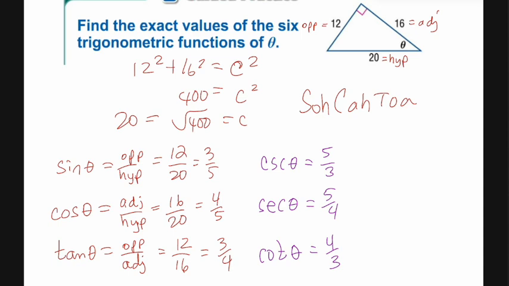So why not reduce that? Use the one that is most convenient to flip over that gives you the less work to do. Be mindful that I can pick which one I want to flip over. The reciprocal of 12 over 16 is the same as the reciprocal of 3 over 4. So why not do 3 over 4? Make sense? Everybody good with this example?